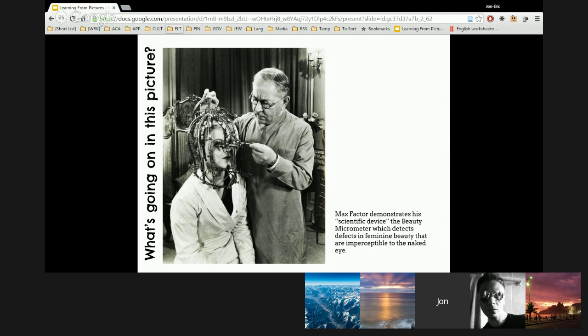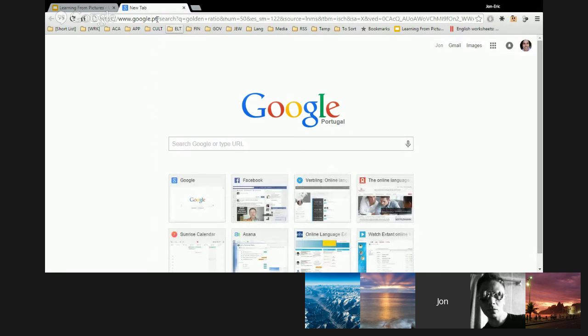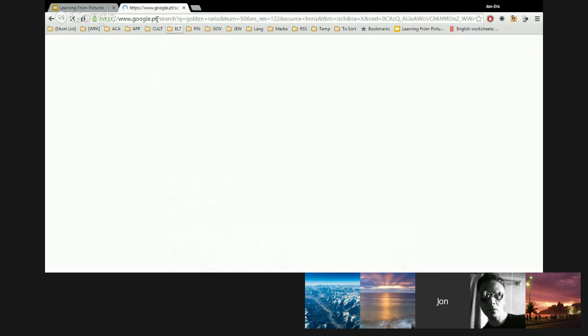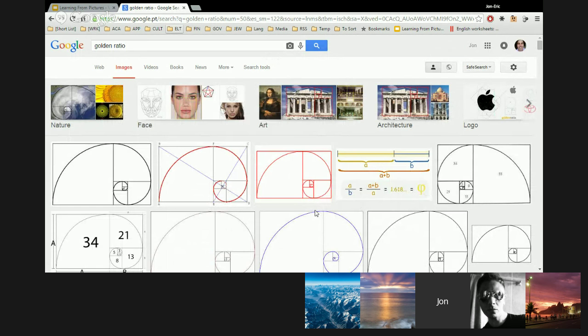Mm-hmm. Let's see if I can show you the golden ratio. We have just a minute or so, but I think I have time to show you this. Let me get this Google image open. There it is. That is the golden ratio. Remember I said that you can create a mask?